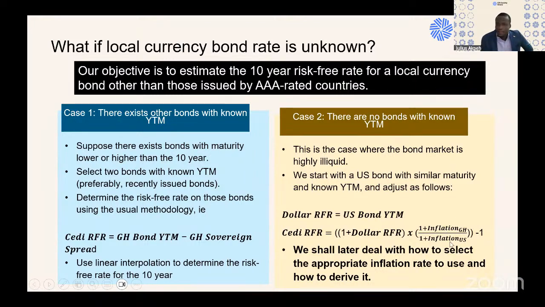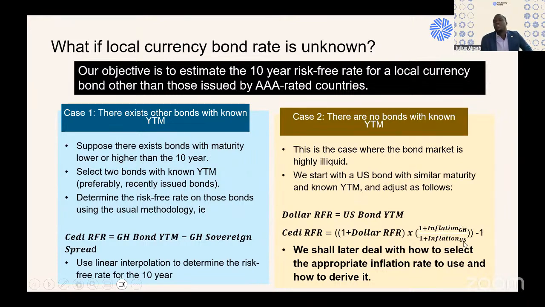So that is the assumption we are factoring into this. The country whose currency has a higher possibility of depreciating is the one in the numerator here. So Ghana tends to be at the top here.